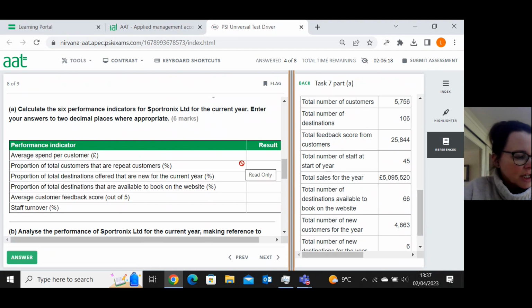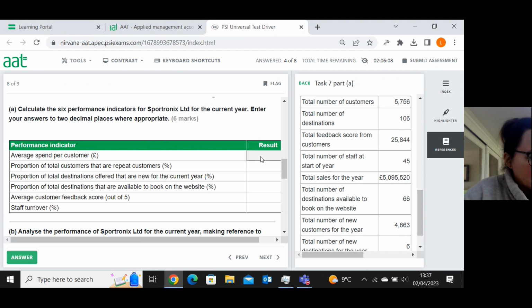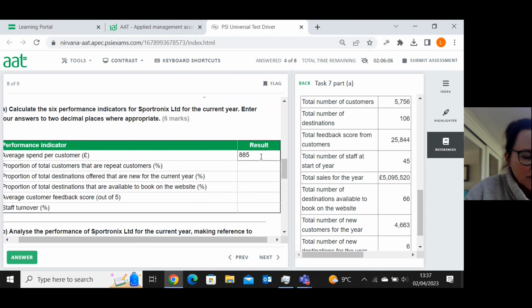So the average spend per customer: I need the total sales for the year divided by the number of customers. It's an average spend of £885.25. I'm doing 2 decimal places where appropriate.